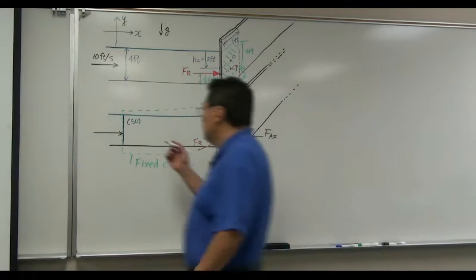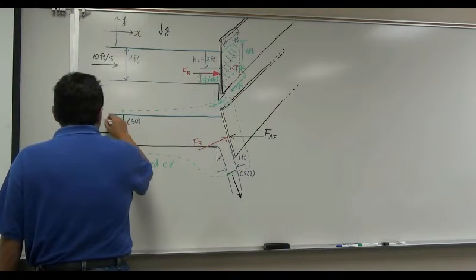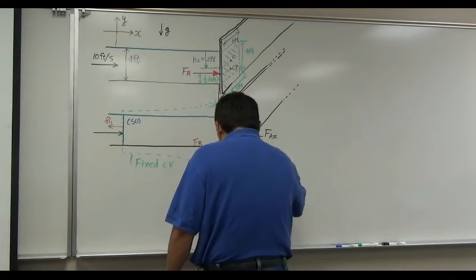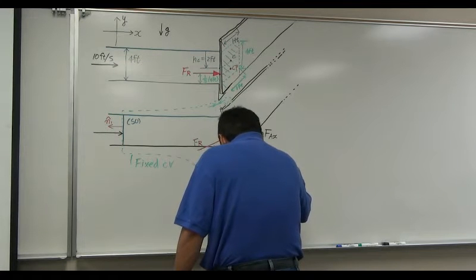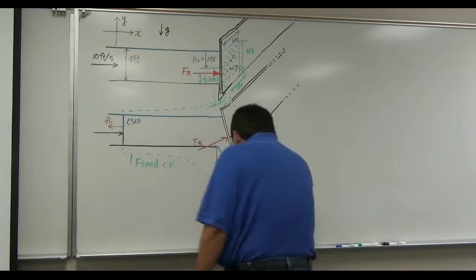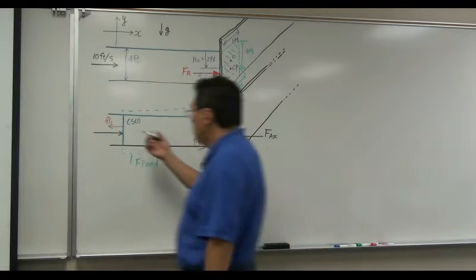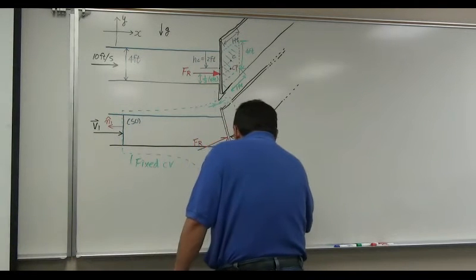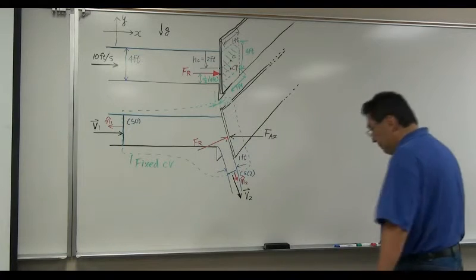Then for each control surface, you're going to define the outward unit normal vector, n1 for surface 1 and n2 for surface 2. This is obviously velocity vector v1, velocity vector v2. Okay?